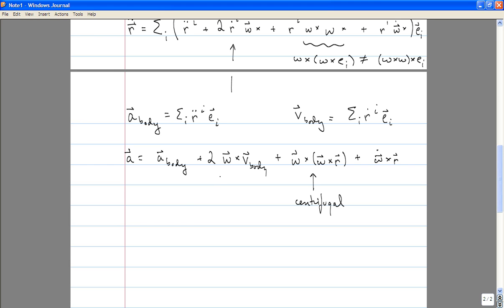This guy here is called the Coriolis force. And this term here leads to what is known as the Euler force. Okay, so this was just a reminder of what we covered last lecture. Are there any questions on this?